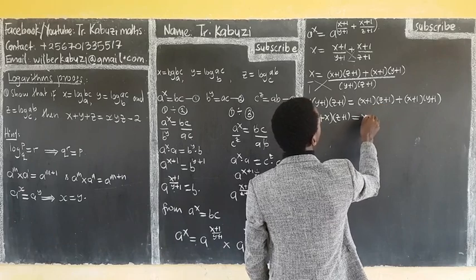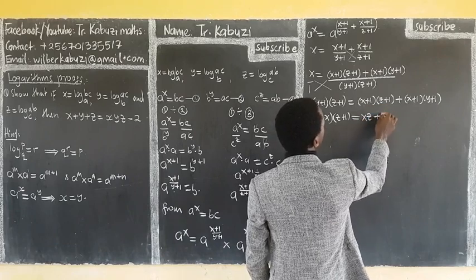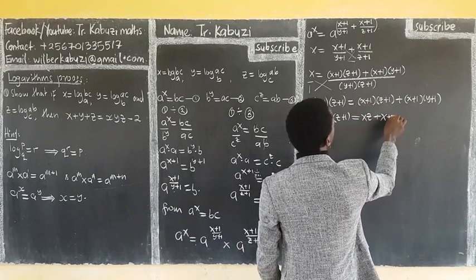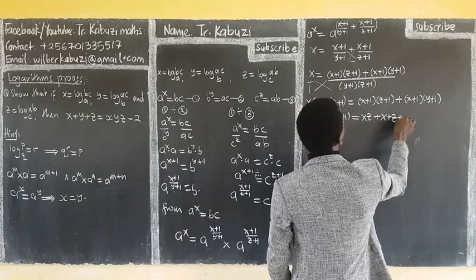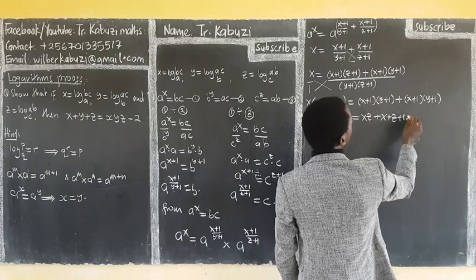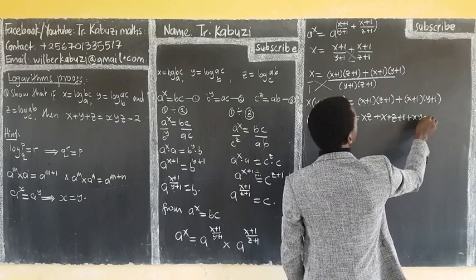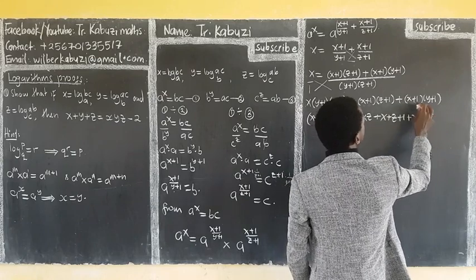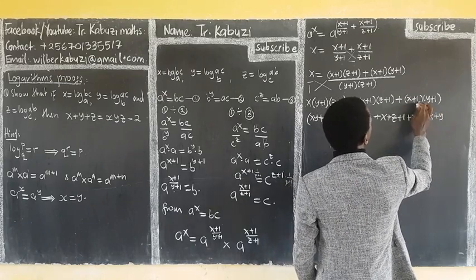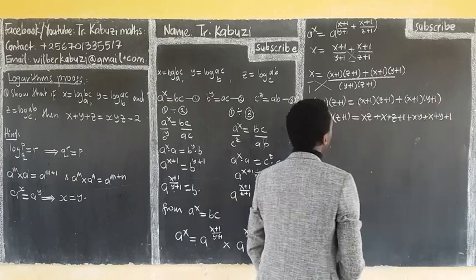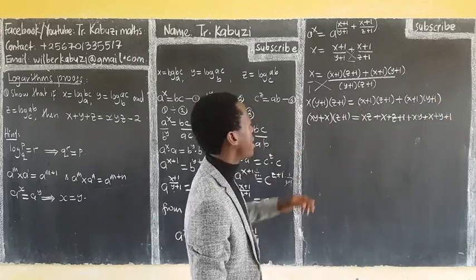So this times this we get xy plus x, into now z plus 1, equal to this times this we get xz, x, xy, x into y plus 1. So now we also expand this.